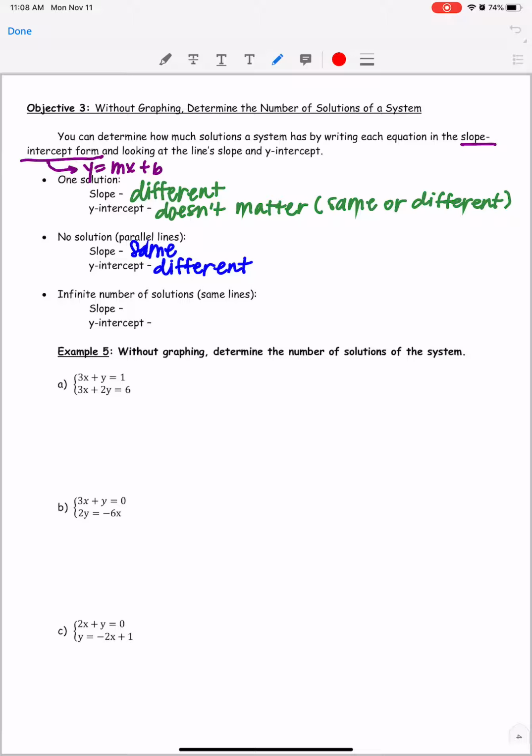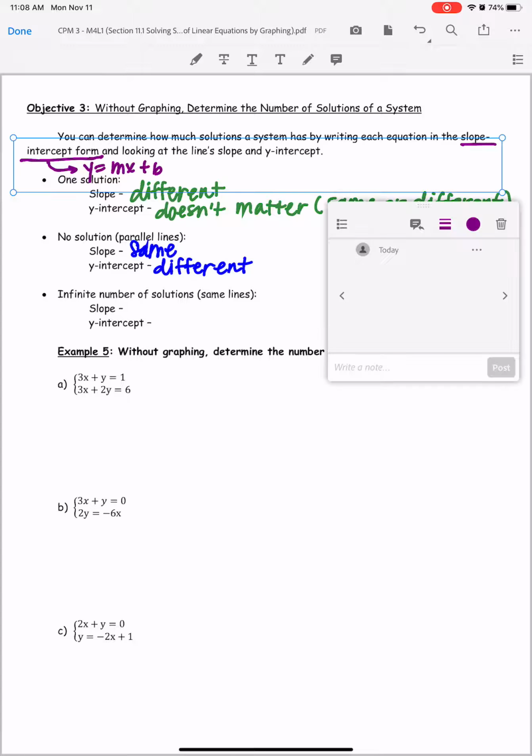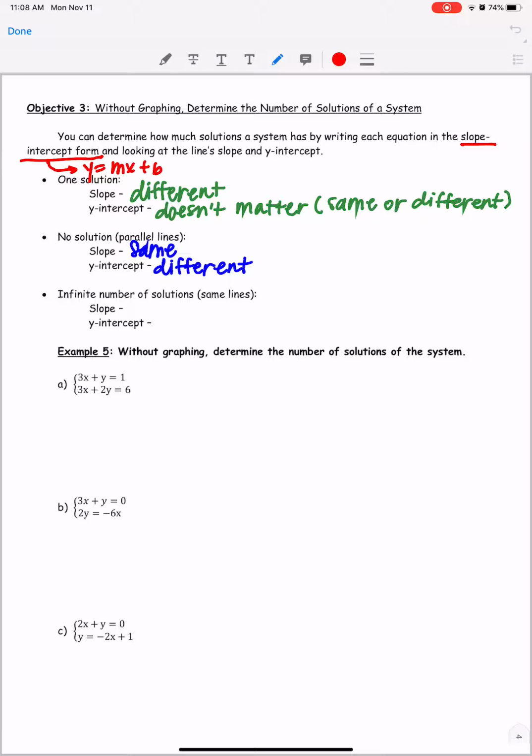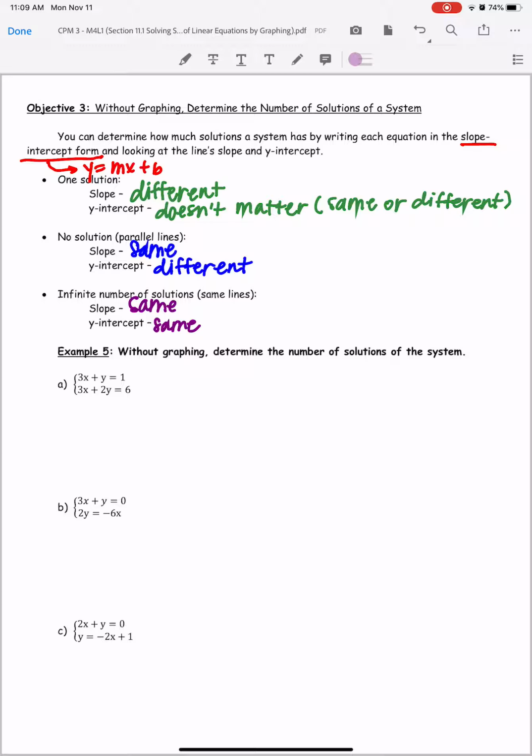And then lastly, what can happen if we have an infinite number of solutions, everything is the same. Okay, those are the 3 things that can happen here.